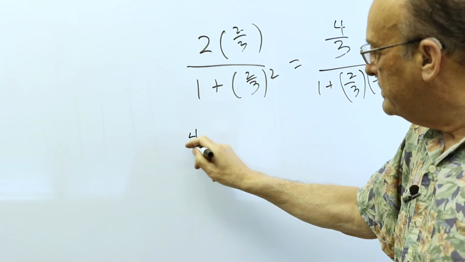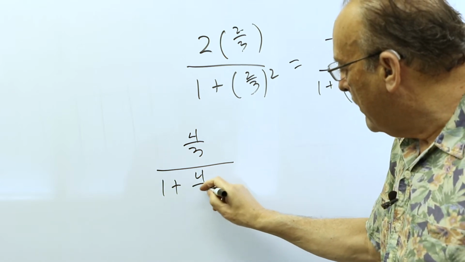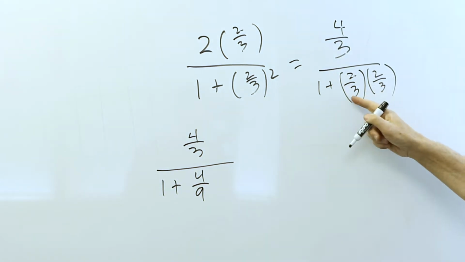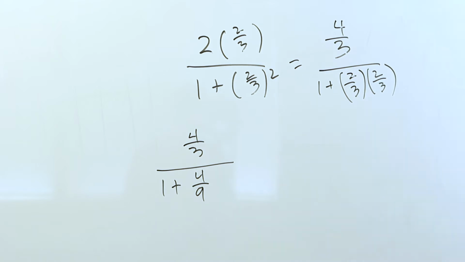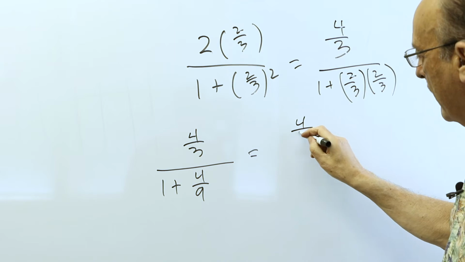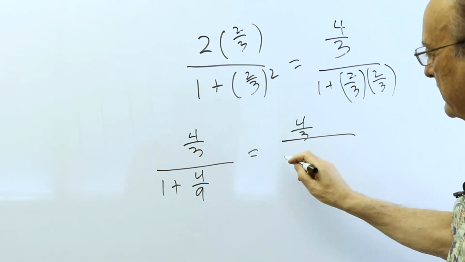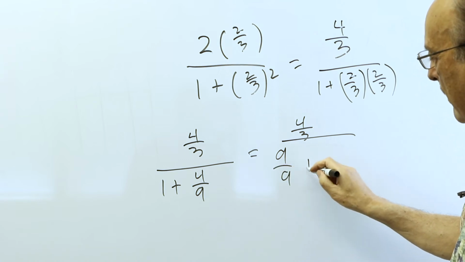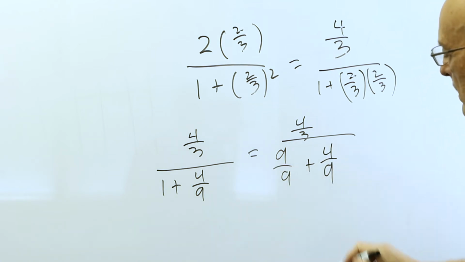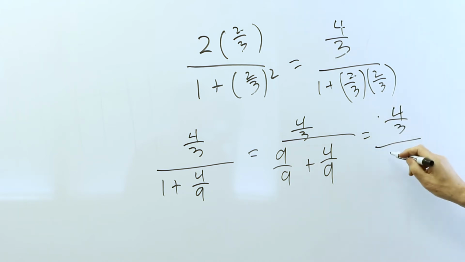So I get 4/3 over 1 plus 4/9, timesing the two numerators, timesing the two denominators. So that becomes 4/3. Again, I'm going to change this to 9/9, so I get a common denominator. So that's equal to 4/3 over 13/9.